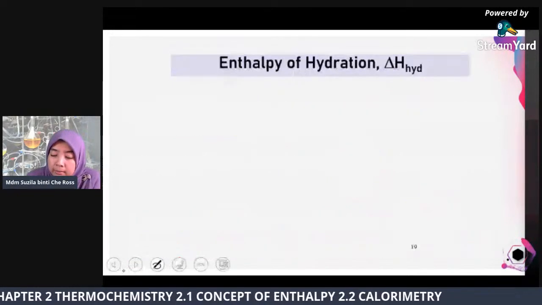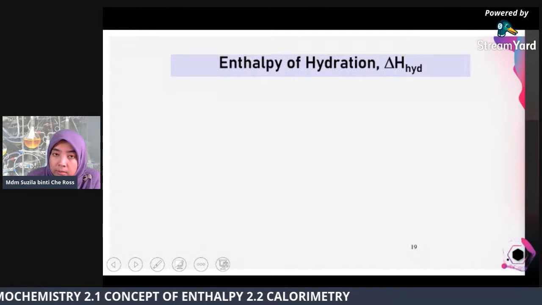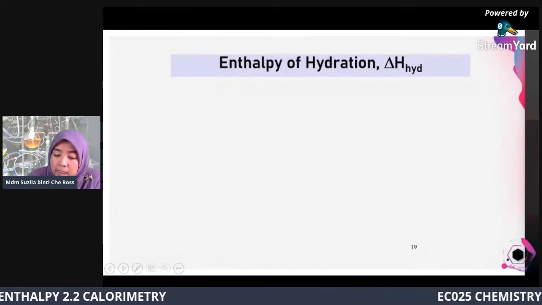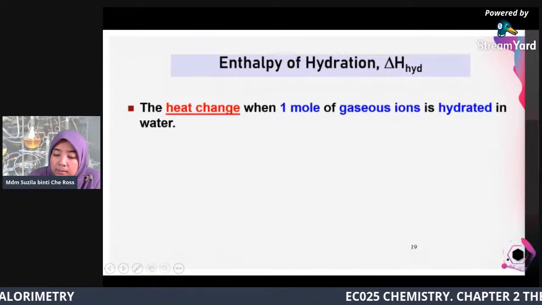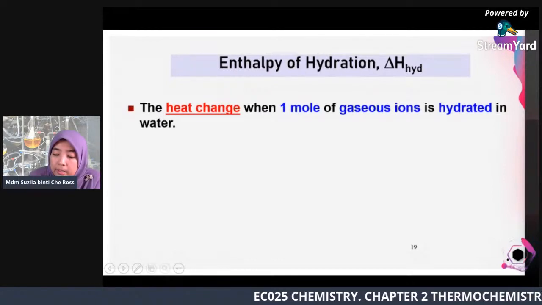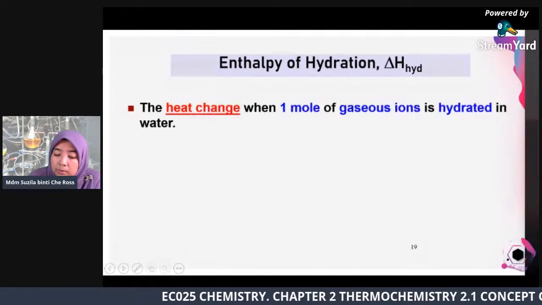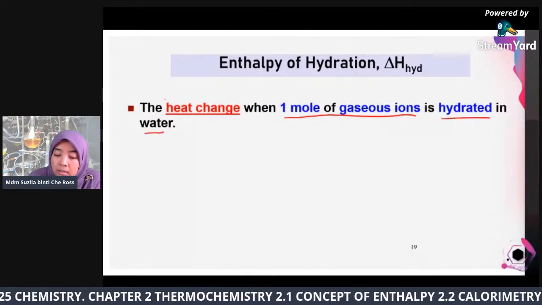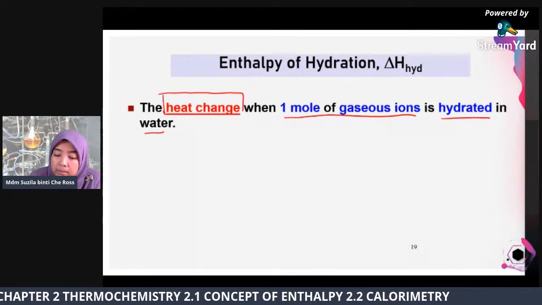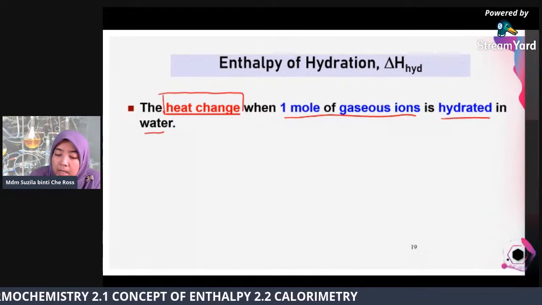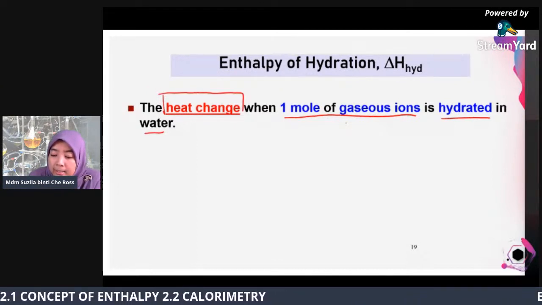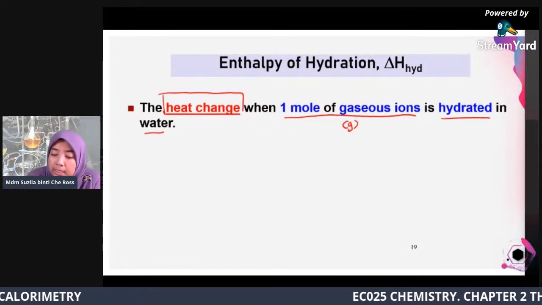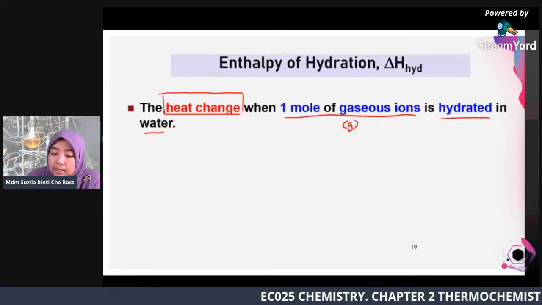Enthalpy of hydration. So enthalpy of hydration is the heat change when 1 mole of gaseous ion is hydrated in water. So for enthalpy of hydration, heat change of 1 mole of gaseous ion means here you have ion in gaseous state, and hydrated in water means you have ion in aqueous state.